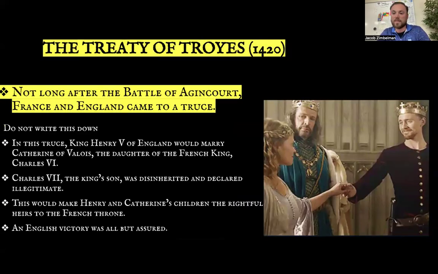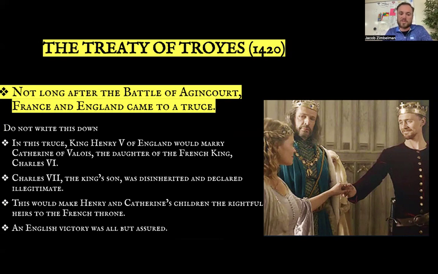Shortly after that, over the next 5 years, there were negotiations between Henry V and Charles VI, and the Treaty of Troyes was signed in 1420, which would essentially assign English victory and hand over all of the land and territory to England after Charles VI's death.